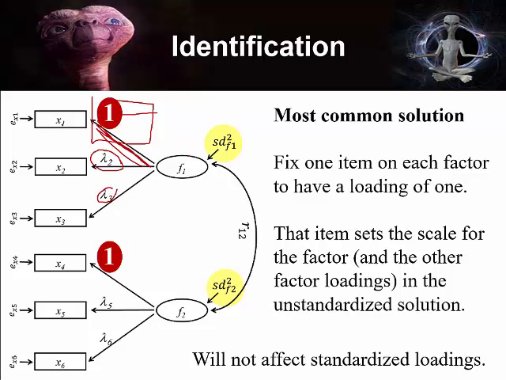So we need to have a way to scale the variance of our factor, and the most common way to do that is just to randomly pick one item from each factor, usually the first item, and fix the factor loading to be exactly 1. And that will address this issue. Like I said, your standardized loadings will not be affected by this, and it will solve the problem.